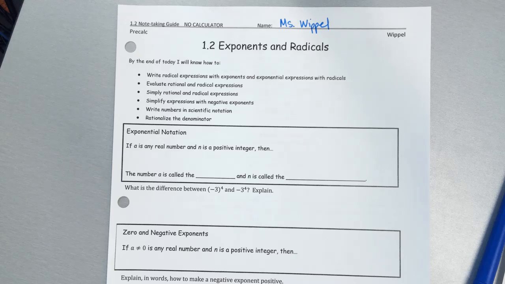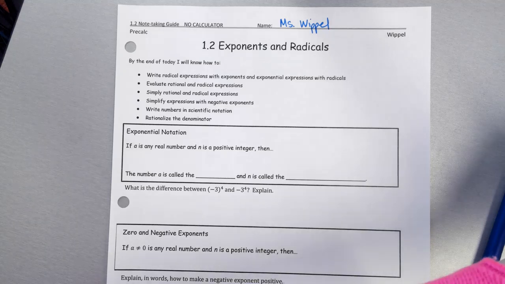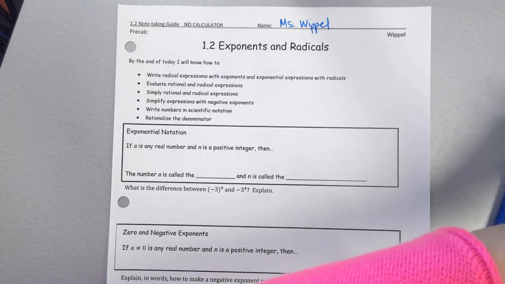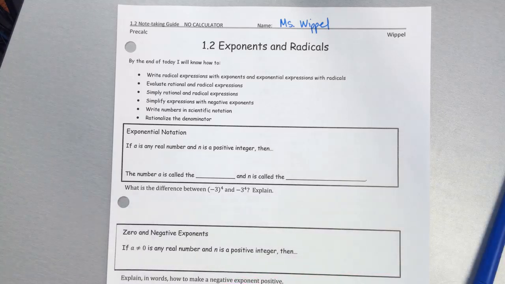Okay, so we're going to focus today a lot on radical expressions, rational expressions, and then simplifying with exponents. There's a little bit of scientific notation, and then some rationalizing the denominator. So again, all things that you did last year in Algebra 2H or in your college algebra course.